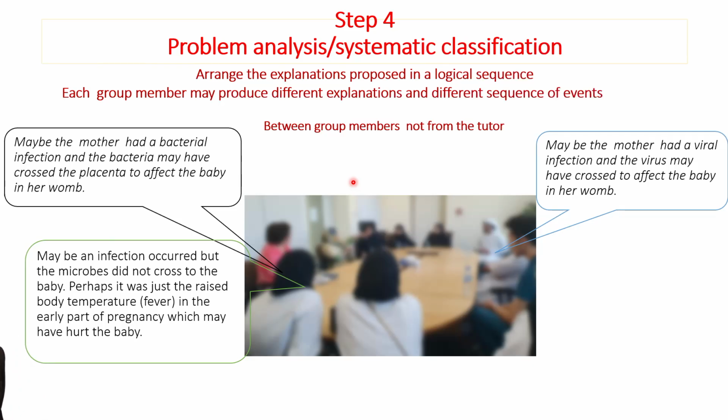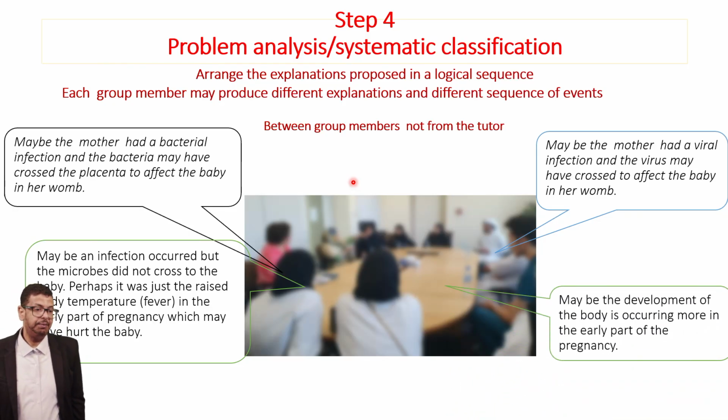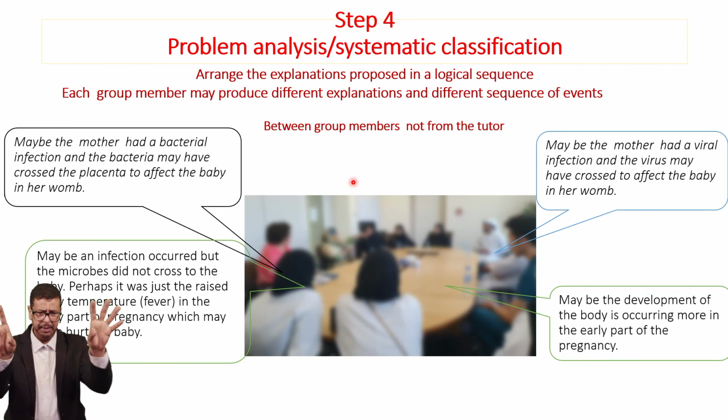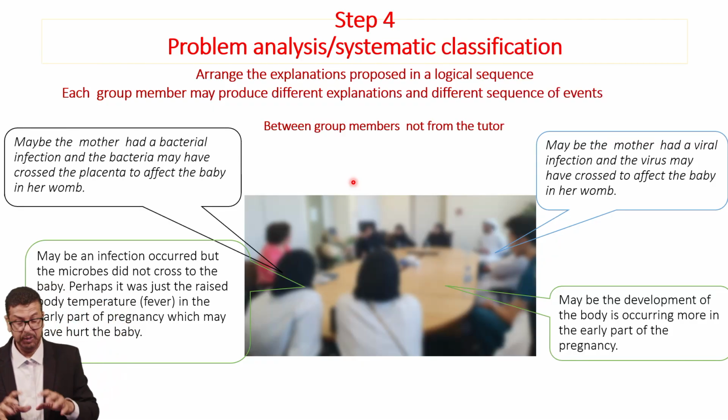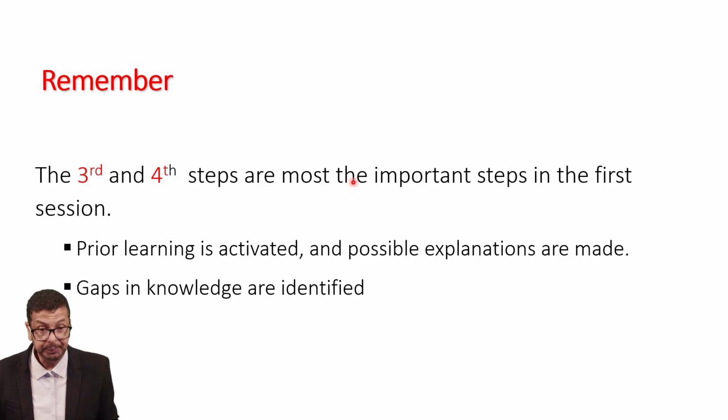Perhaps it was just the raised body temperature in the early part of pregnancy which may have hurt the baby. Maybe the development of the body is occurring more in the early part of pregnancy, so for this reason congenital anomalies take place. So students may ask these questions, and it's free to ask any questions here.